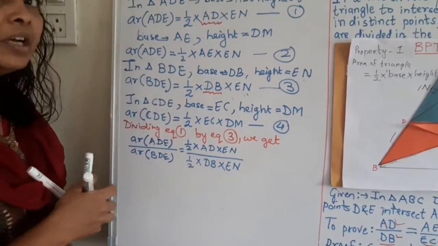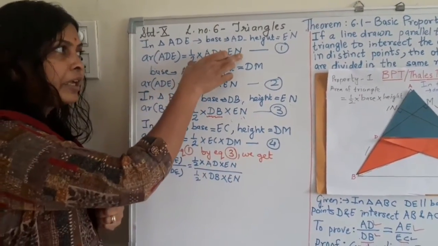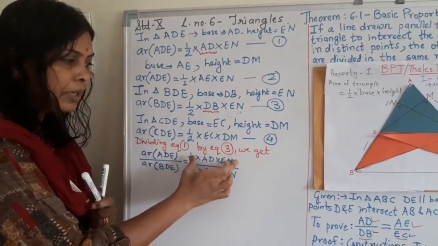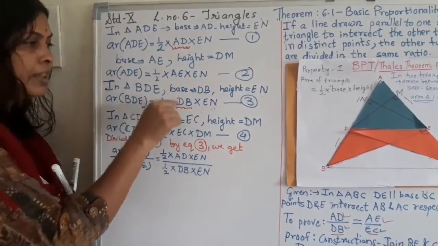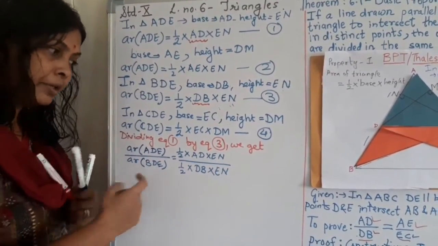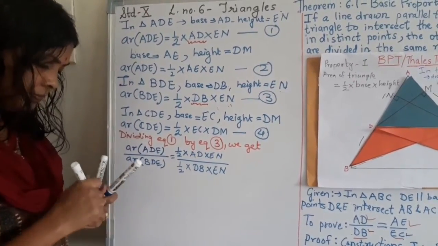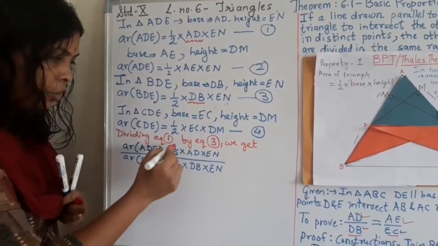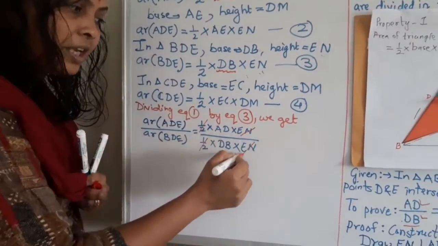Now what do you observe here? Yes, here what we took? We have taken this LHS at numerator and this RHS at numerator and this RHS at denominator. LHS also same way we have taken. So now you can cancel this half with half, EN segment with EN segment.